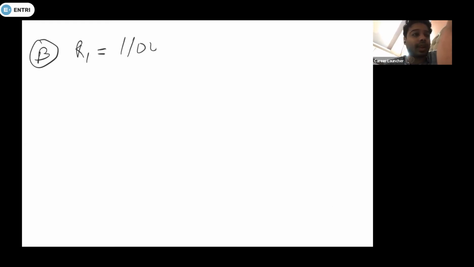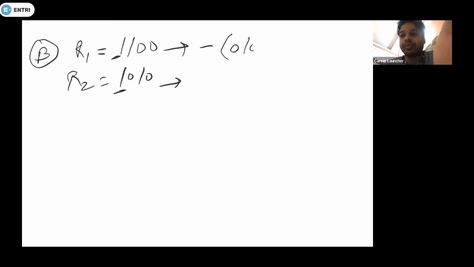Next, option B: R1 is 1100 and R2 is 1010. Again the MSB is 1, so we convert using 2's complement. Minus 0100 is minus 4, and 0110 gives minus 6.